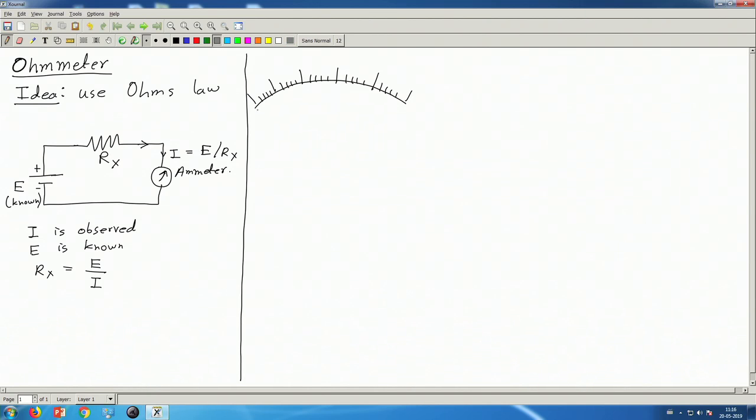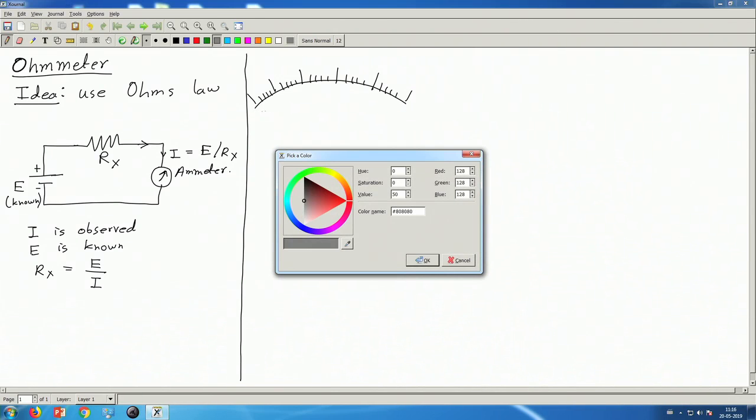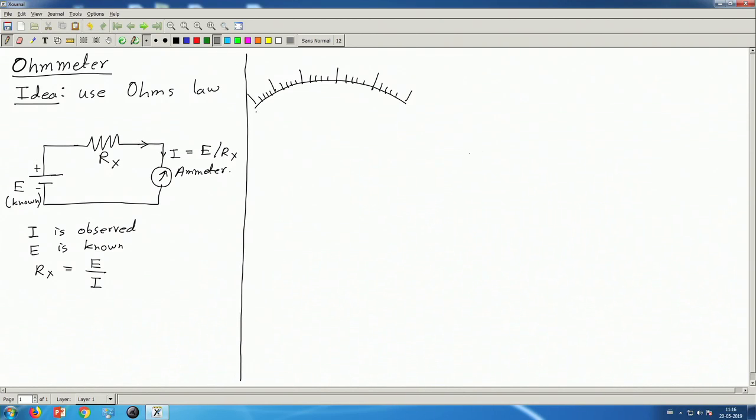That means the left side will indicate low value of current. So, maybe I write this as 0 ampere, and maybe this is some high value of current, maybe just call it 1 ampere. So, this is the behavior of this meter as an ammeter. Okay. So, this side should be low current, this side should indicate some higher value of current.